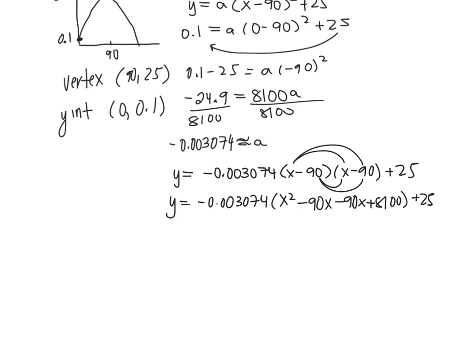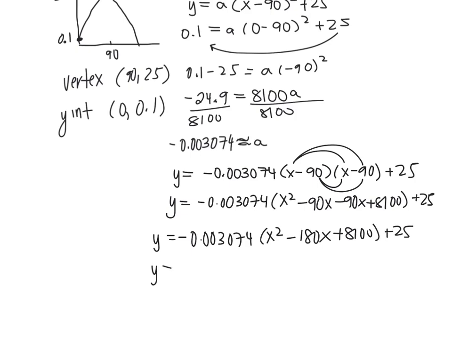Now we can distribute this decimal in. You could also collect your like terms in the brackets first and then distribute it. And you know what? I'm just going to do that so that my numbers don't get too ugly. So that I have negative 180x. Now let's get rid of those brackets by distributing negative 0.003074 in.